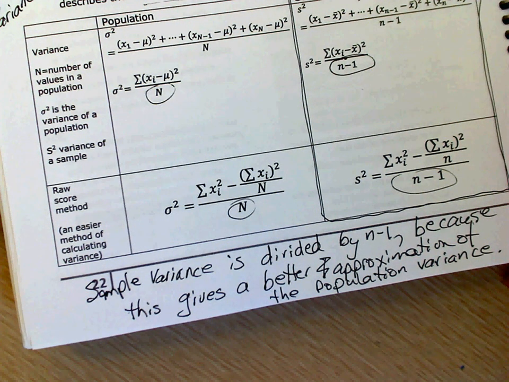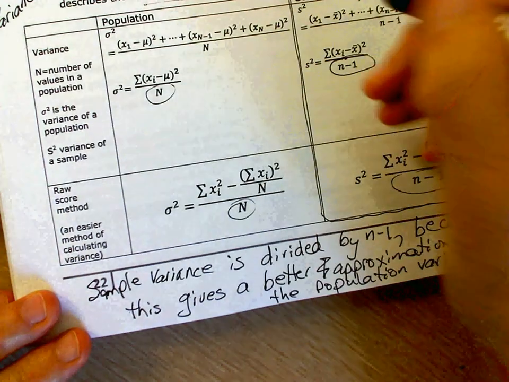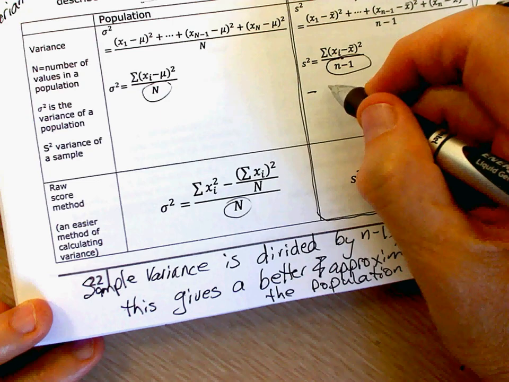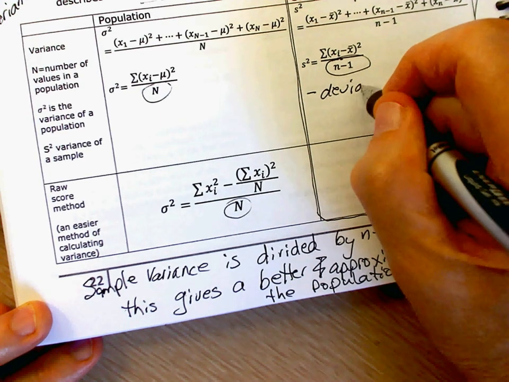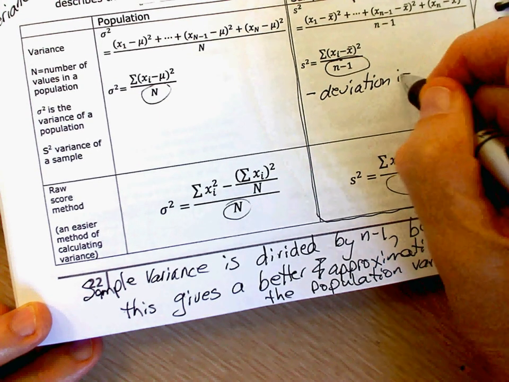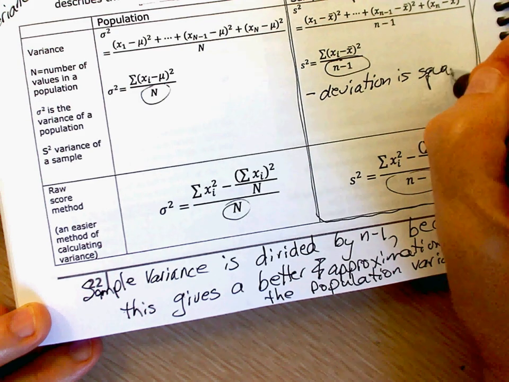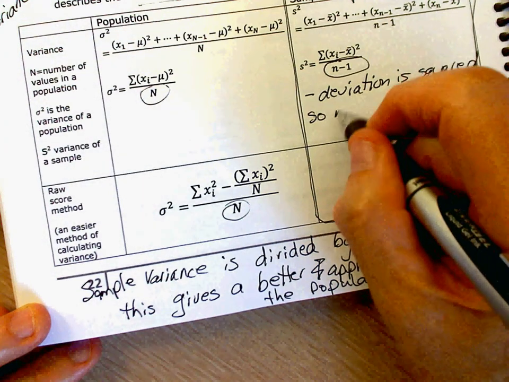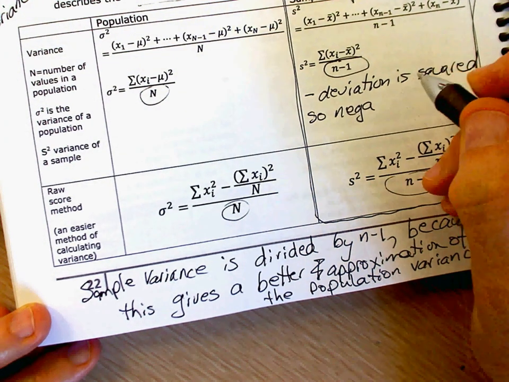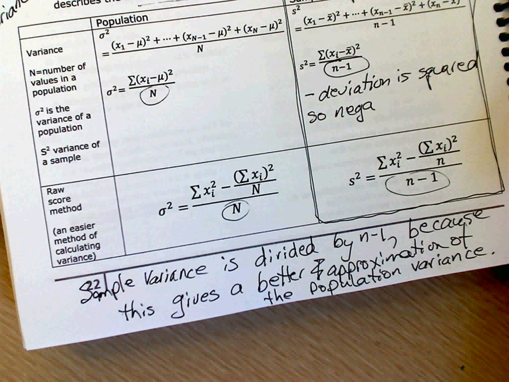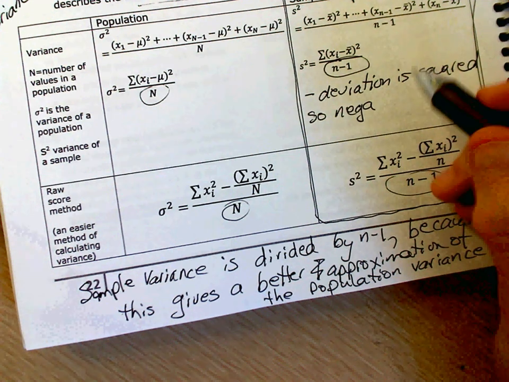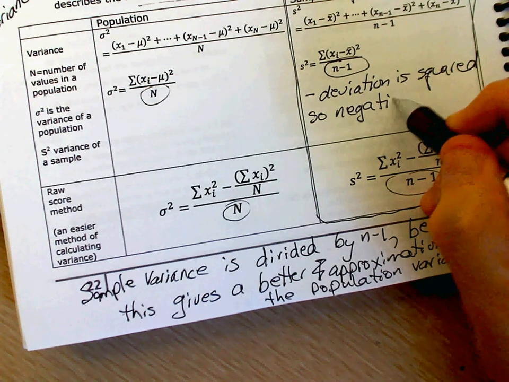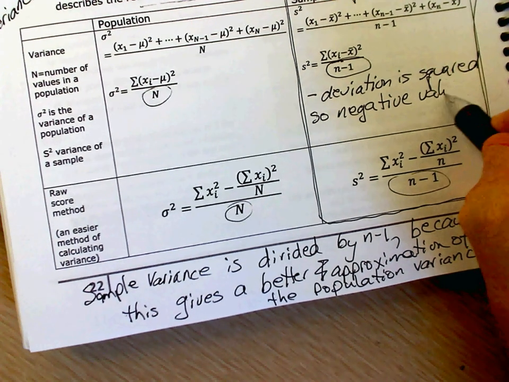Okay, so notice they square it. The deviation is squared, so negative values do not cancel out the positive values, and if that happens you're going to lose a lot of information.